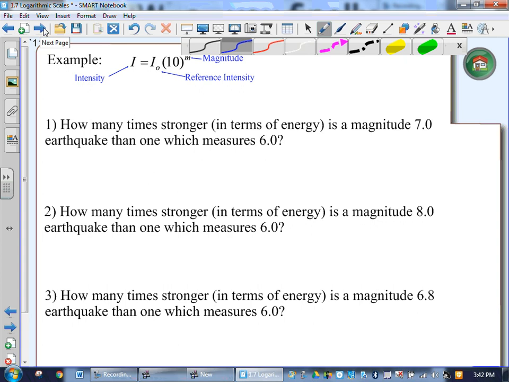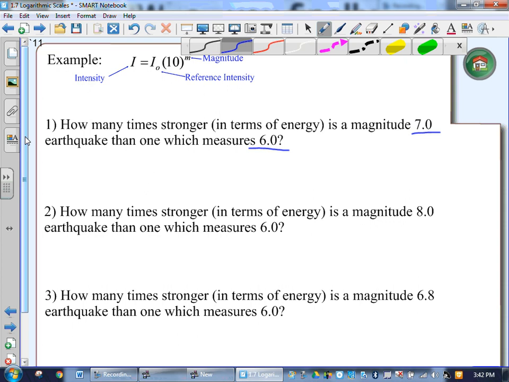However, a more typical question looks like the ones here. It says, how many times stronger, in terms of energy, is a magnitude 7 earthquake than one that measures 6? So how many times stronger is one than the other?